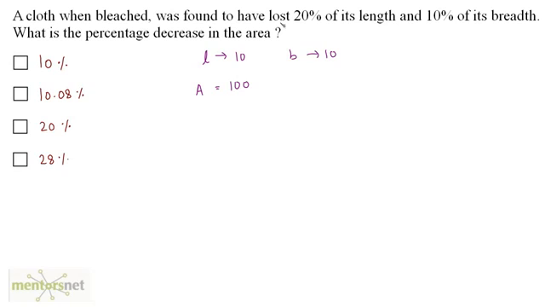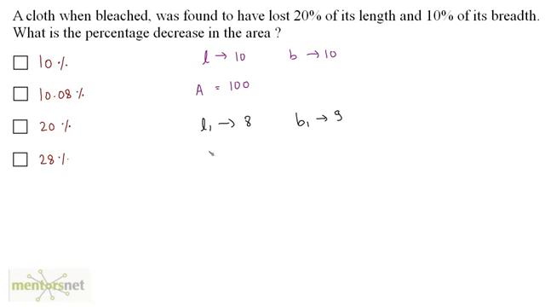Now it has been given that the cloth when bleached was found to have lost 20% of its length. So the new length is 20% less than 10, the old length. So 20% less of 10 will be 8, 10 minus 2, right? And the new breadth is 10% less than the older breadth, and that will be 10 minus 1, that will be 9.